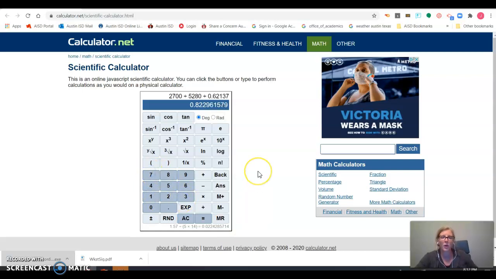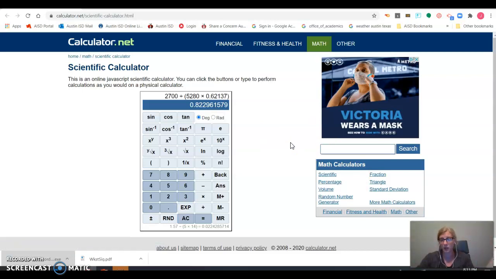So notice that I put divide and divide again. So that's one way to speak calculator. Another way to do that would be to divide with parentheses. So 2,700 divided by parentheses, and then the 5,280 times the 0.62137. So the main thing you don't want to do is accidentally multiply by one of those numbers. So you need to make sure that the calculator understands that you're dividing by both of them.